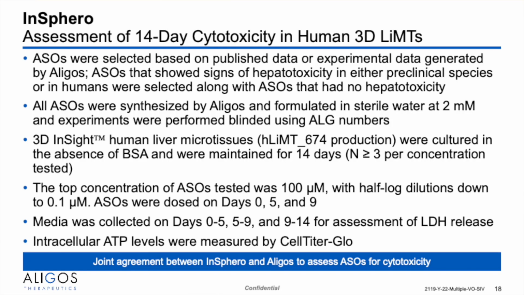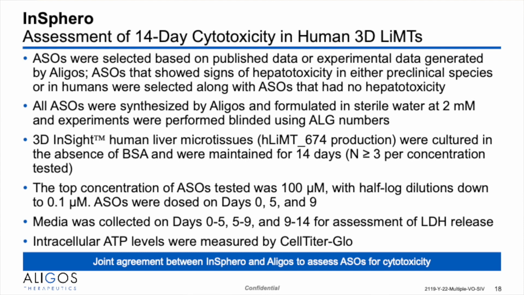So we had a collaboration with Inspiro, which is a company that makes these 3D spheroids. And we decided that we wanted to test our ASO, but we also wanted to look at other competitors' molecules. So we selected a number of ASOs based on either the published data or the experimental data that we had generated in-house.